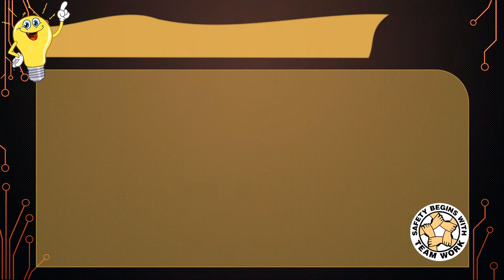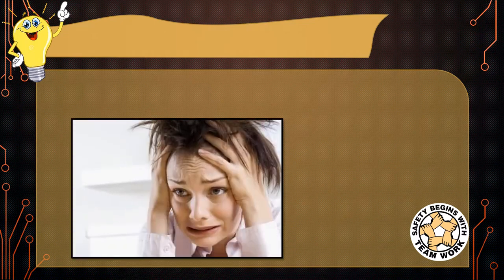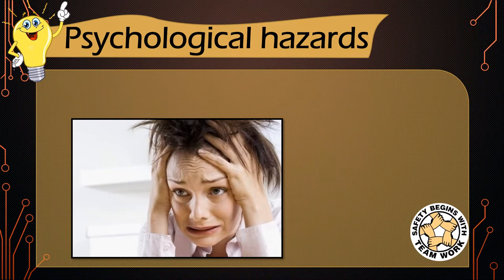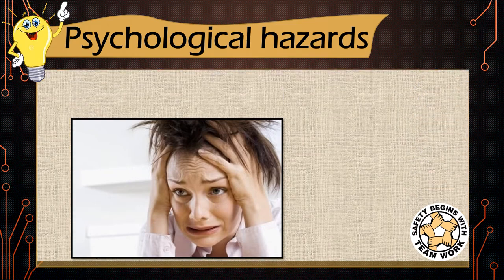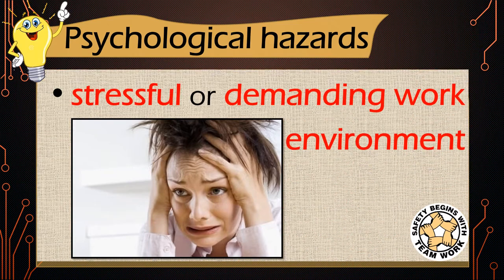The last type of hazard that we are going to identify is psychological hazard. Psychological hazards are elements of the work environment, management practices, or organizational practices that pose a risk to mental health and well-being.